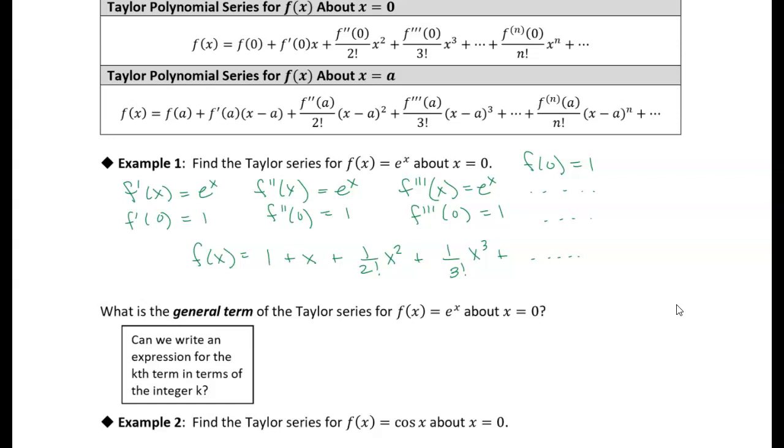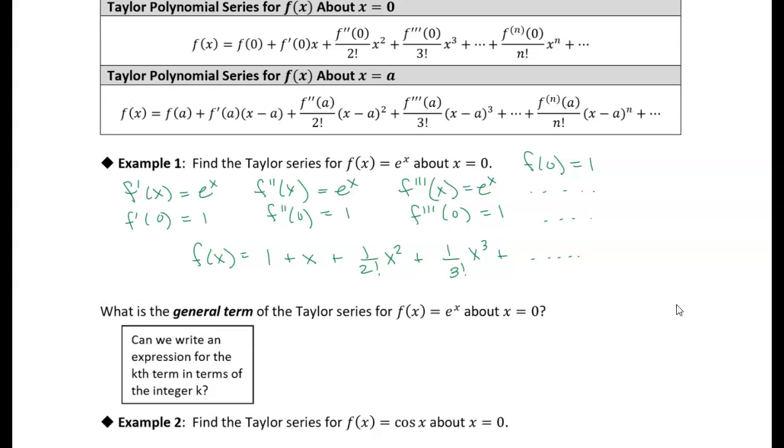So another question we might ask: what is the general term for the Taylor series of e to the x about x equals 0? So what do we mean, general term? All we're asking there is, can we write an expression for the kth term in terms of this integer k, right?